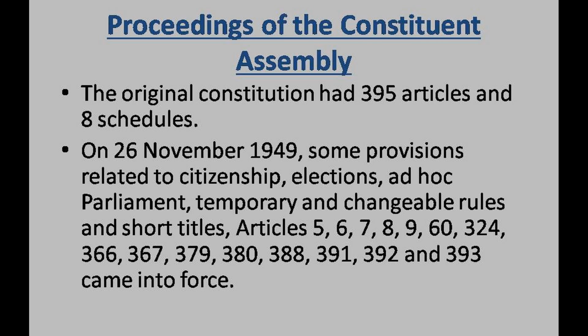On 26 November 1949, some provisions related to citizenship, elections, ad hoc parliament, temporary and changeable rules, and short titles, a total of 15 articles, came into force. These were Articles 5, 6, 7, 8, 9, 60, 324, 366, 367, 379, 380, 388, 391, 392 and 393.